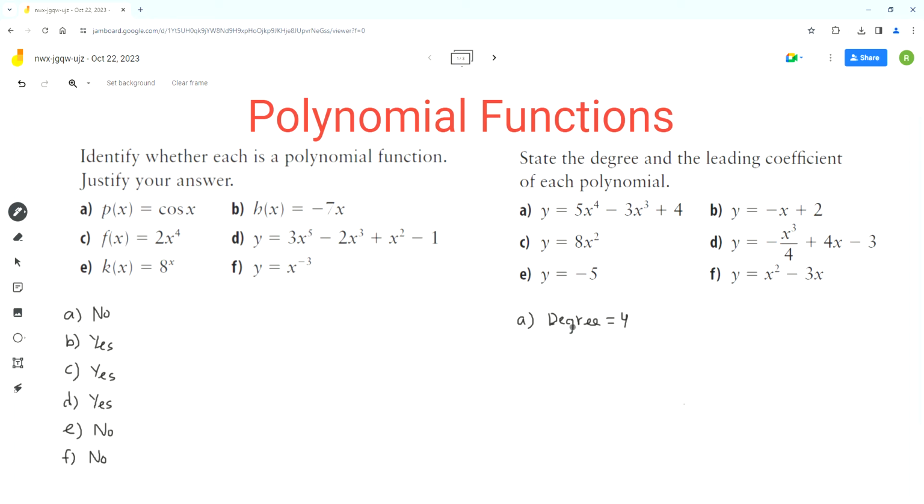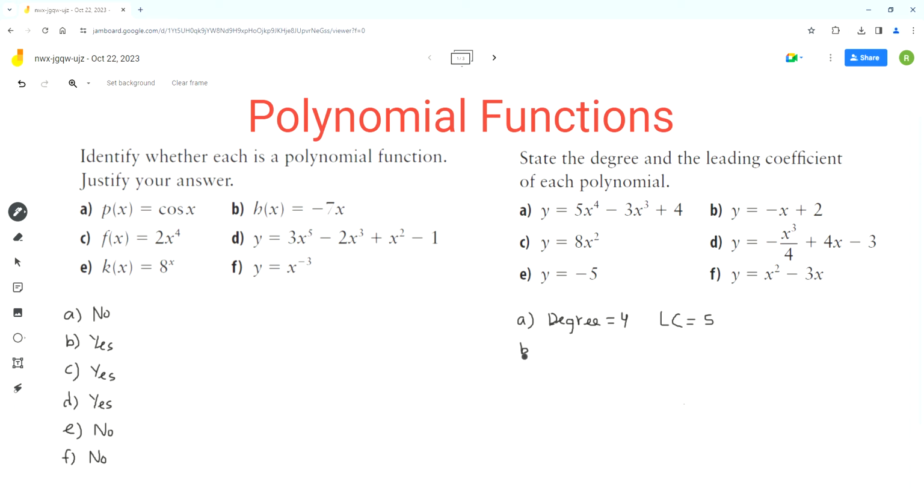Now the leading coefficient is basically the coefficient of the term with the highest exponent on the x, or the variable. In this case, the leading coefficient is 5 because that's the coefficient of that term. I'll use LC for leading coefficient. So the leading coefficient is 5.